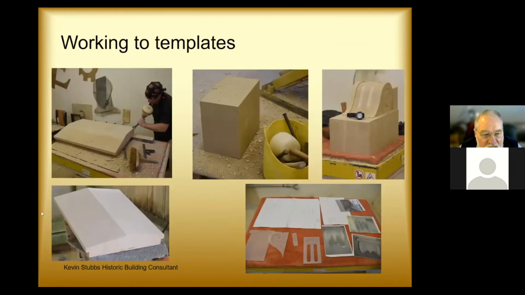And for things like copings, again, you can do the primary shape by mechanical saw, but then all the fine dressing is done on the banker's table. And things like brackets, console brackets, and fine carving.